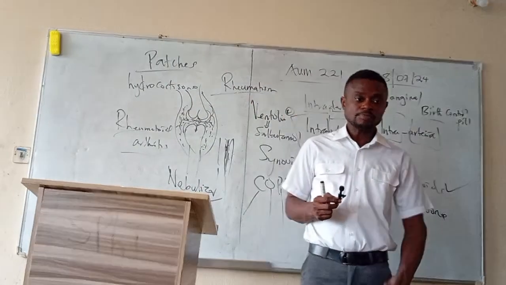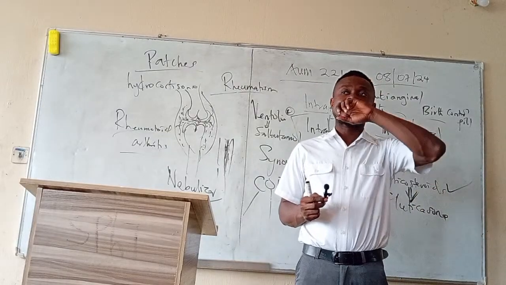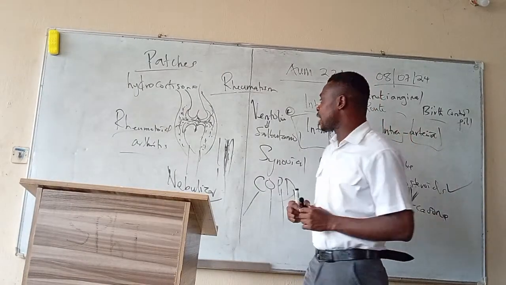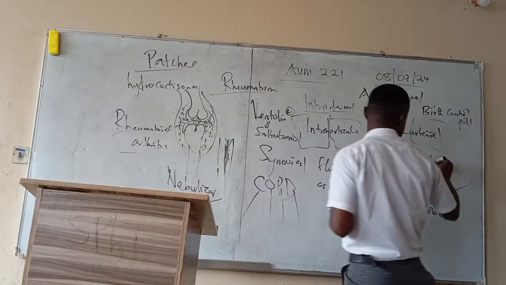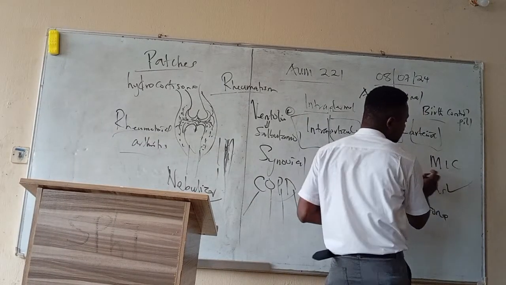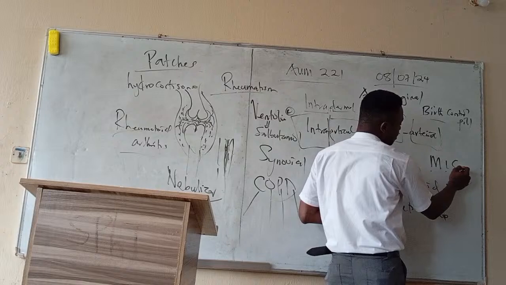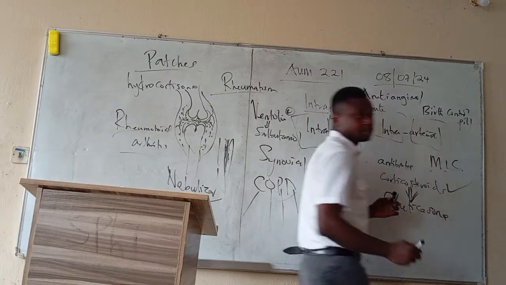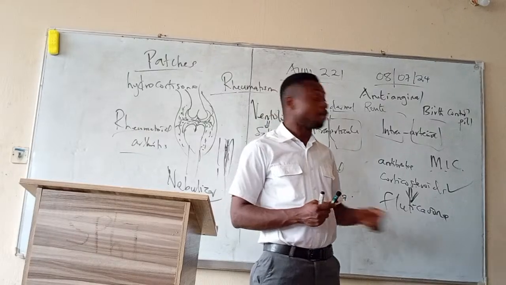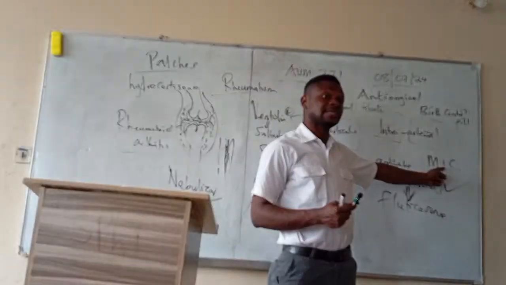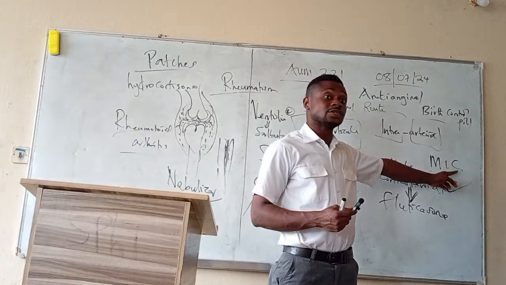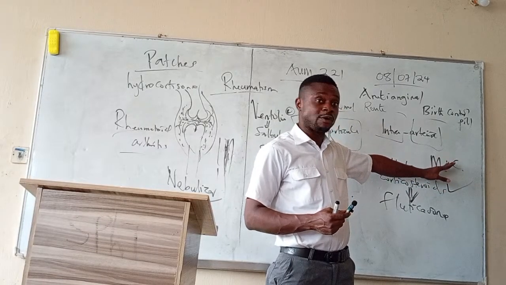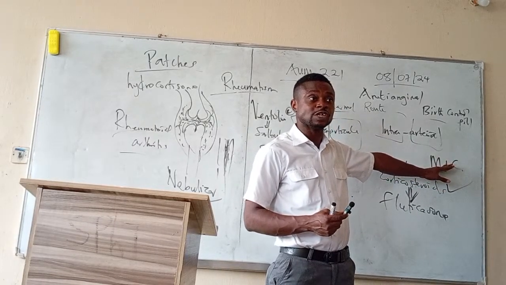By the time you do your applied MCB, you come across what is called MIC, the minimum inhibitory concentration. This is just by the side; I want to use it to explain something.